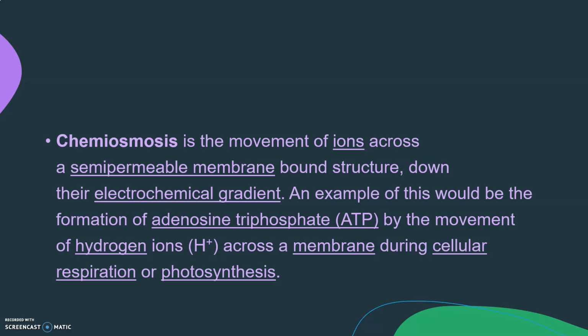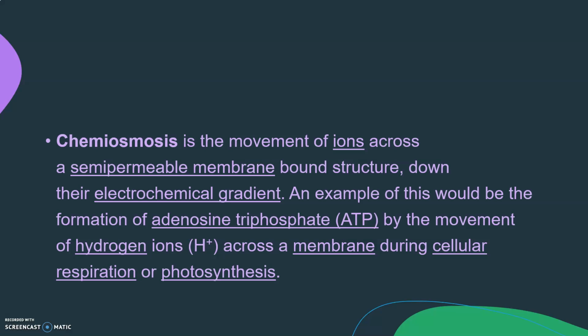Next, we can discuss another term called chemiosmosis. Chemiosmosis is the term involved in ATP formation. It is the movement of ions across a semi-permeable membrane-bound structure down their electrochemical gradient.